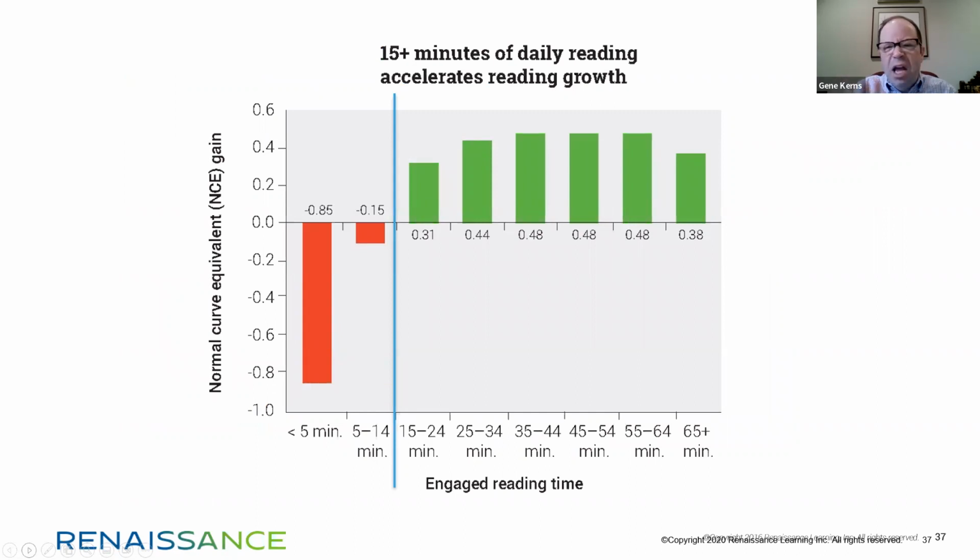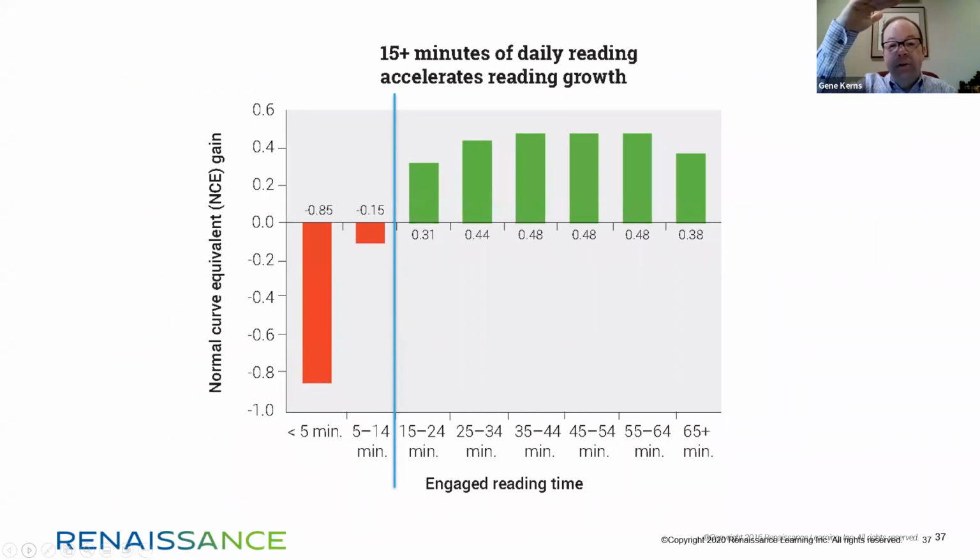So let's talk about just helping kids read more, giving easy access to books. We have seen the same thing for the last 20 years in our data. That is, the kids that read 15 minutes or less each day tend to be falling further and further behind. So you see that line there at 0. Normal curve equivalent simply means, are they maintaining their place in terms of performance?